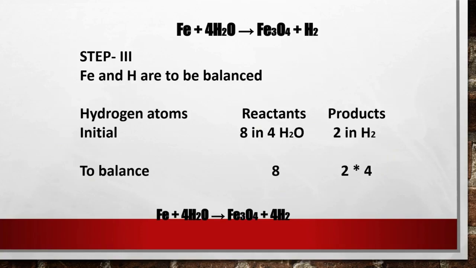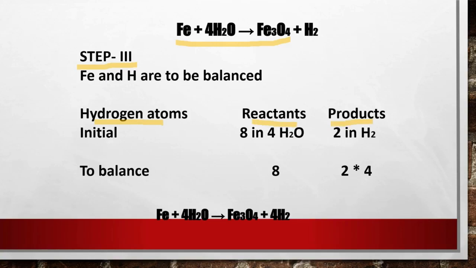Now here I have written the balanced equation that we have obtained up till now on the top. Now the third step, we know iron and hydrogen are still to be balanced. So I am beginning with the hydrogen atom. So on the left hand side we will write hydrogen atom, and towards the right again we will make 2 columns, reactants and products.